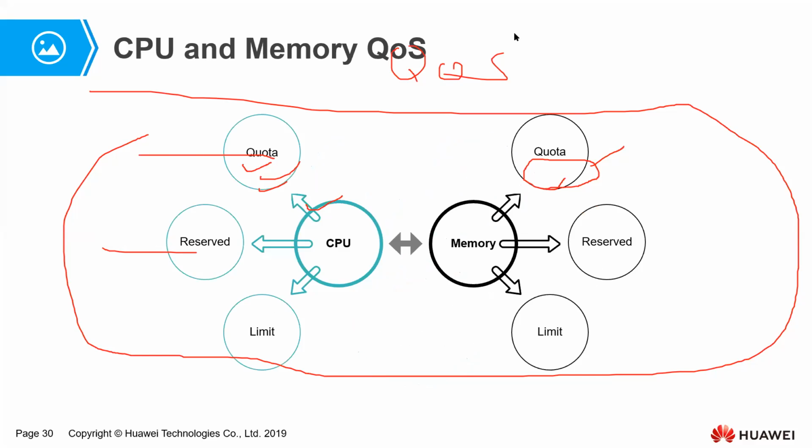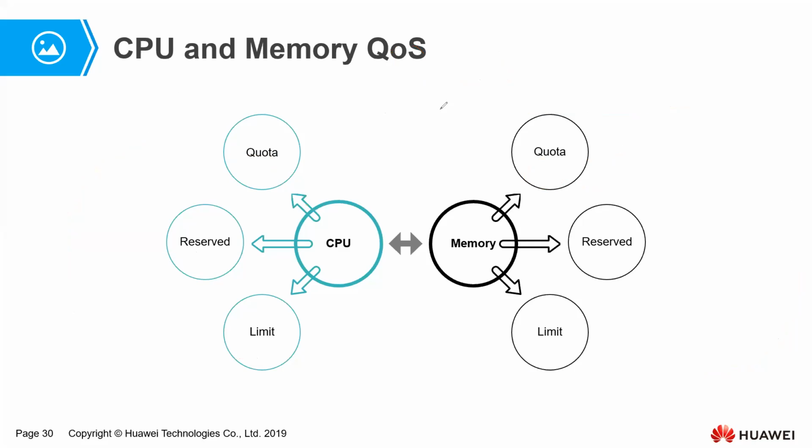So let us look at CPU and memory cores quality of service. The CPU quality of service ensures optimal allocation of resources to virtual machines, and it prevents resource contention between virtual machines due to different service requirements.